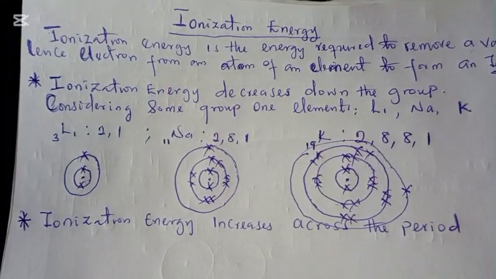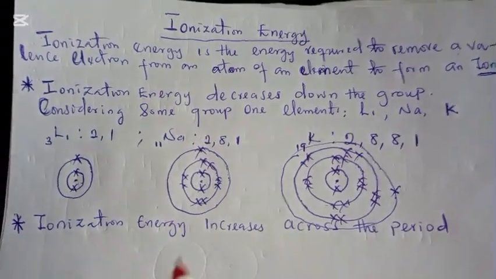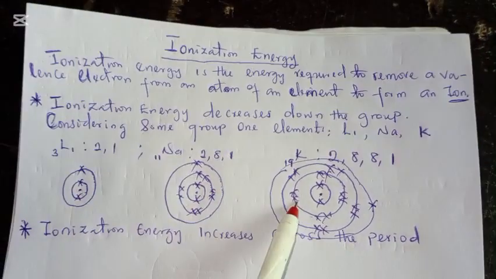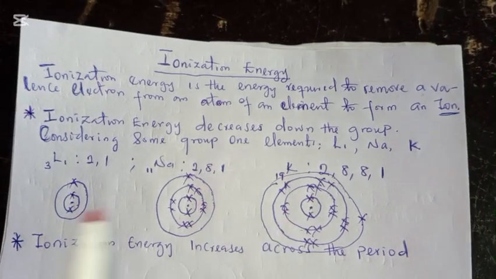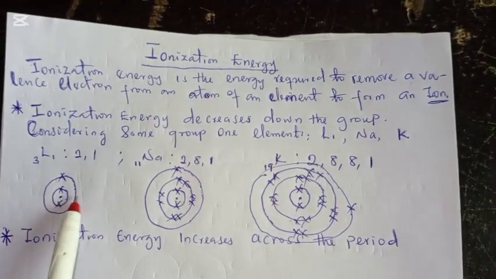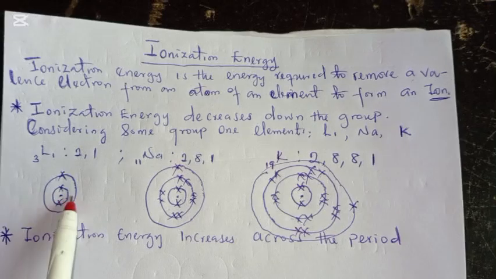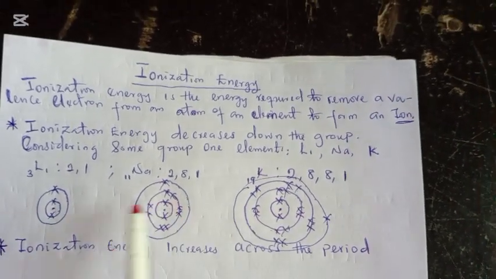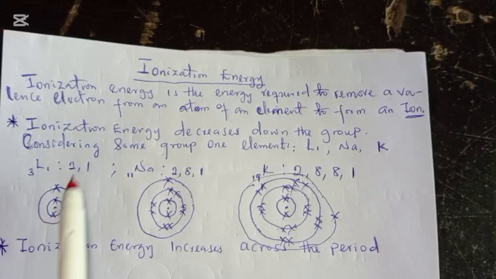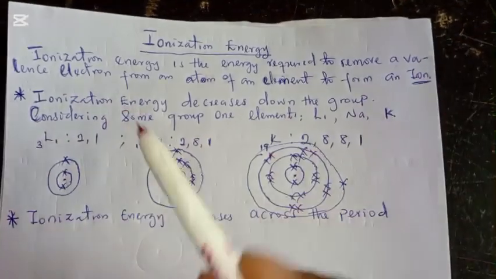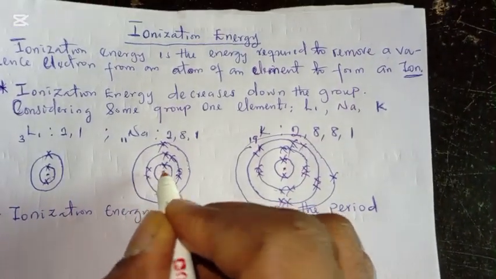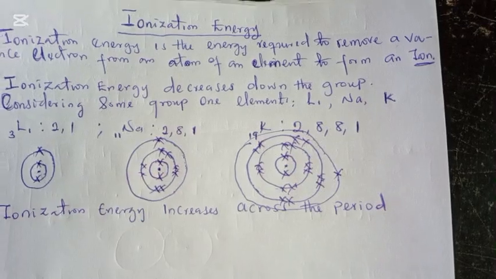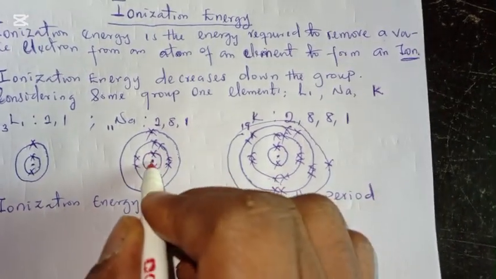Are you following that? I repeat, if you go down the group of a periodic table, we have an increase in the number of shells. Here we have 2 shells, here we have 3 shells, here we have 4 shells. As a result, the electrons tend to move further away from the center of the atom where we have the protons.